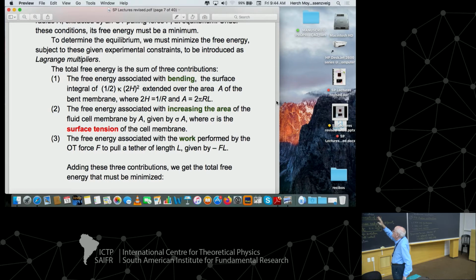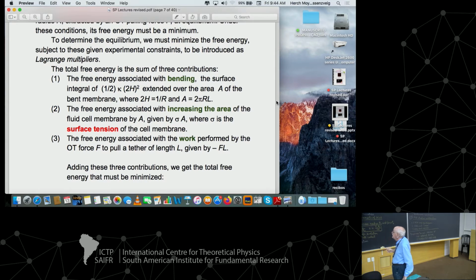The area, if you have a cylinder, is 2 pi r L. Now, the other term is the free energy associated with increasing the area of the membrane, which resists by surface tension. So you must do work against that, and that's given by sigma times the area.